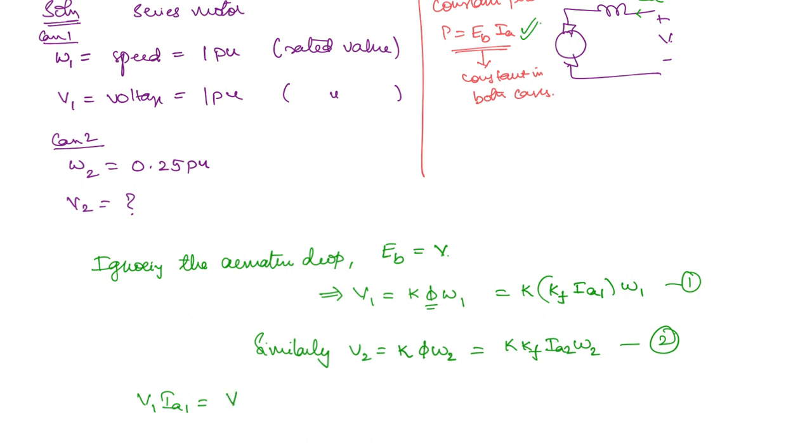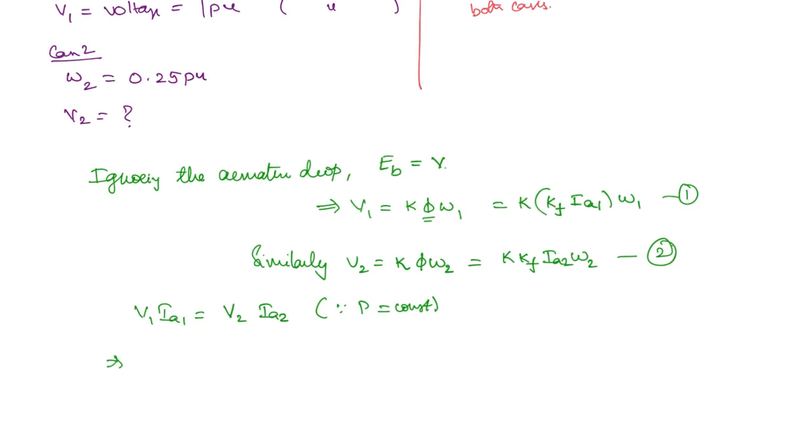So V1 Ia1 is equal to V2 Ia2 because P is equal to constant. So from here you are going to get V1 by V2 is equal to Ia2 by Ia1. Now Ia2 expression from equation 2 you can get, what is it? V2 divided by K into Kf into omega 2 divided by Ia1.